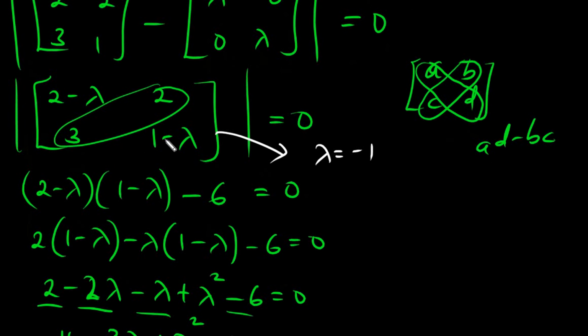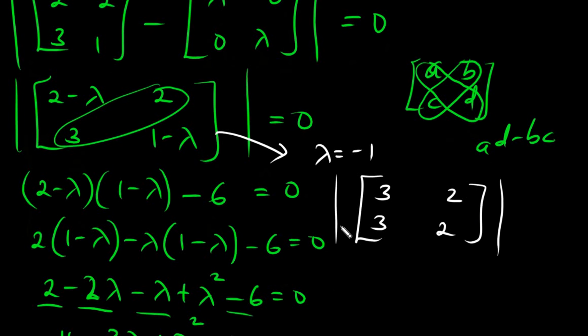We're going to have this matrix as 2 minus negative 1, so that is 2 plus 1, which is 3. And then we have 2, and then we have 3, and we have 1 minus lambda, it's 1 minus -1, so that is 1 plus 1, which is 2. So we find the determinant of this and check whether we are going to get 0.